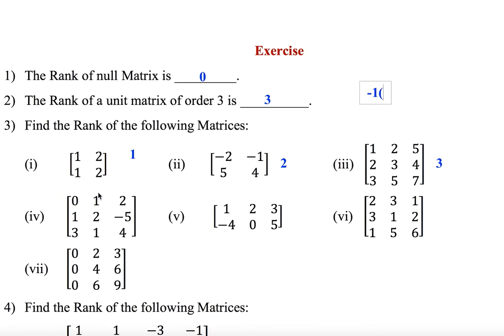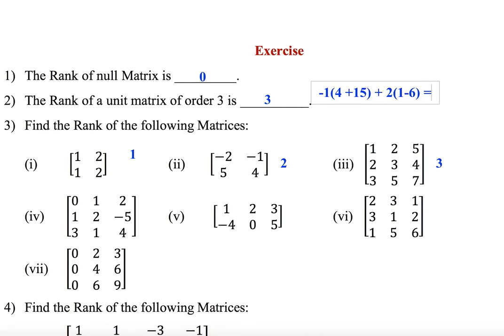Delete this row and this column, the corresponding row and column. 4 plus 15, plus 2 into, delete this row and this column, find the determinant of this. 1 minus 6. 15 plus 4 is 19, so minus 19.